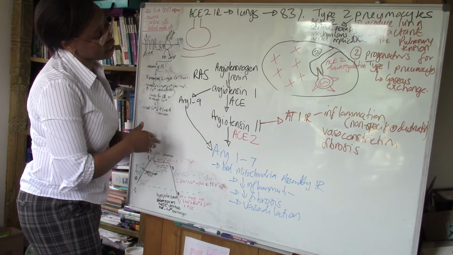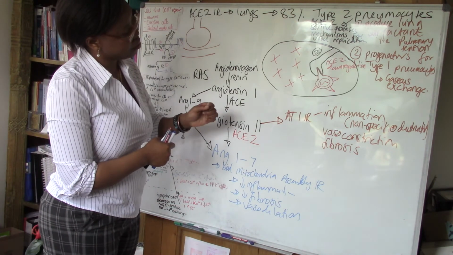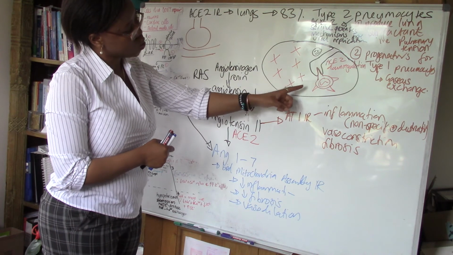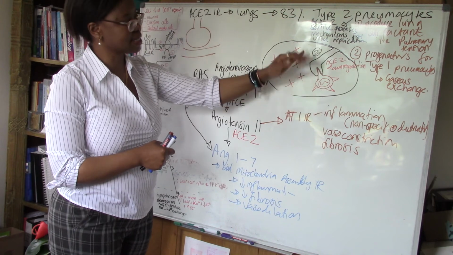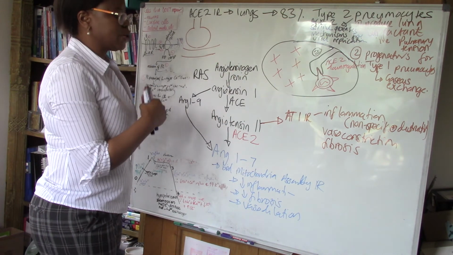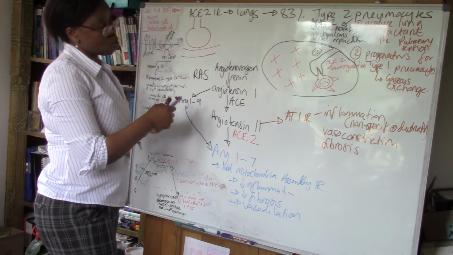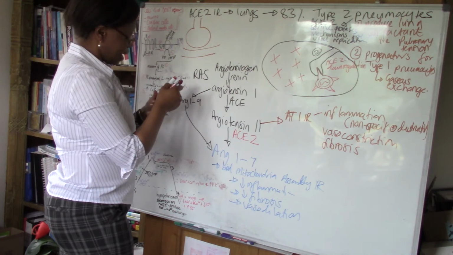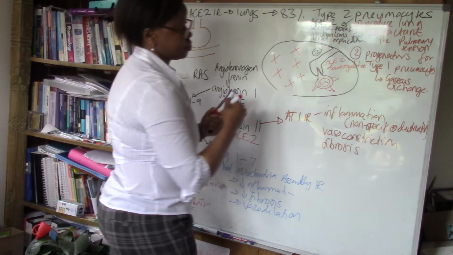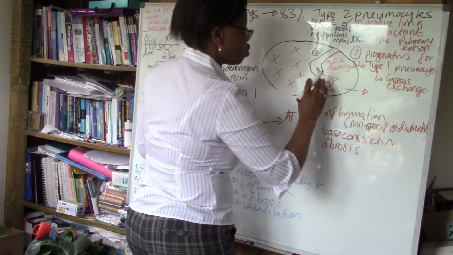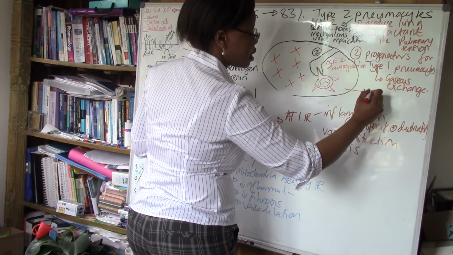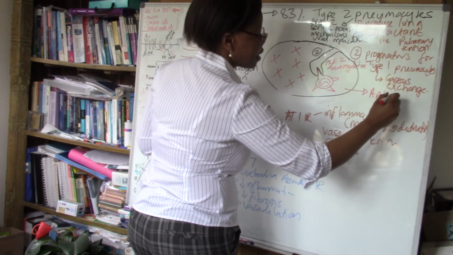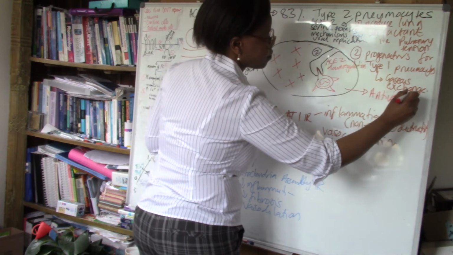Also, normally when a virus infects a cell, the body itself causes what is called an antiviral state. So normally this cell, once infected, will be able to cause an antiviral state.